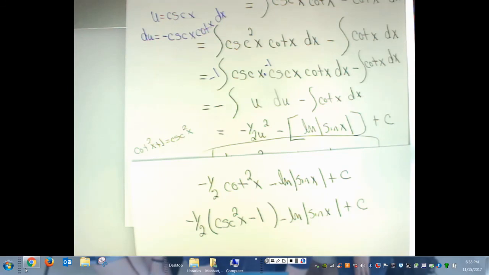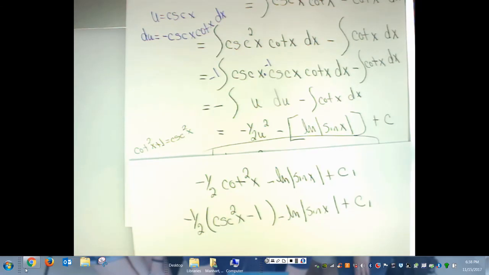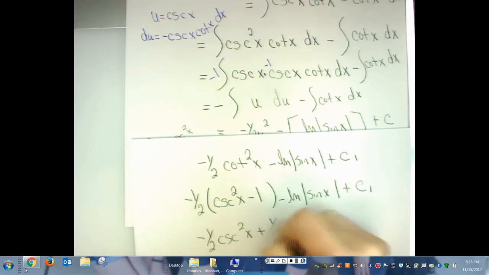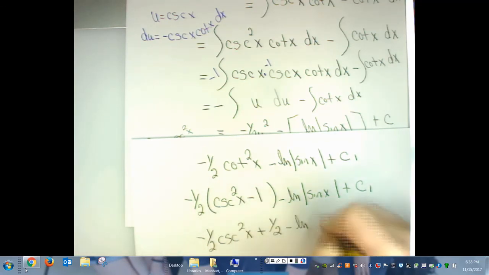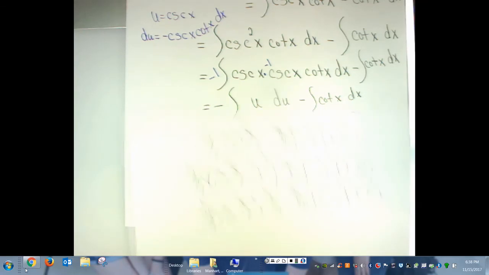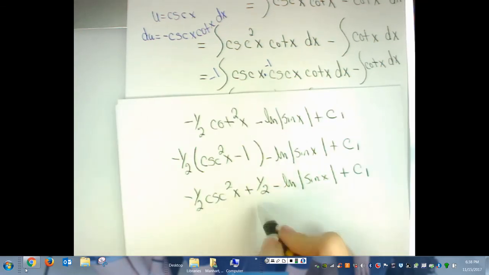And this is the beautiful part of it. I'm going to go back and add a c sub 1, and you'll see why in just a second. Let's distribute the negative 1/2. Make it a c sub 1. And then addition is commutative.